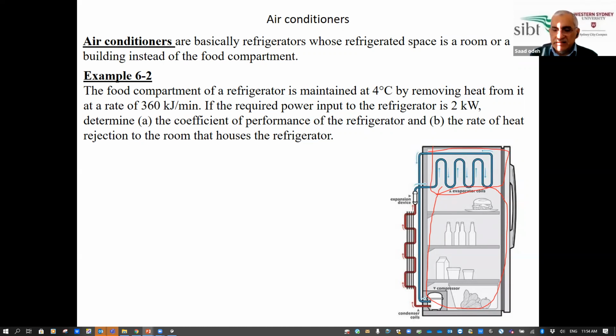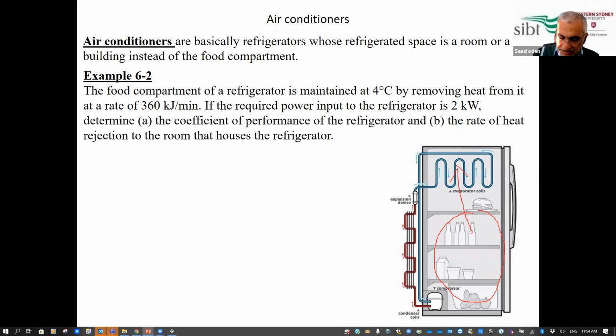The idea here is to take the heat from all the food inside the refrigerator and transfer it to the refrigerant. There is a network, or a net of tubes, inside the refrigerator.